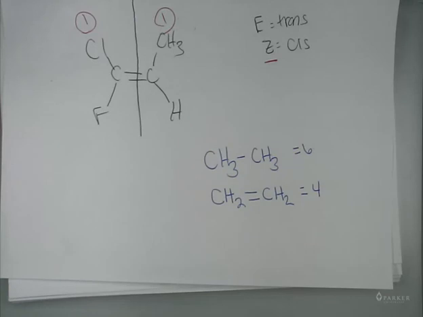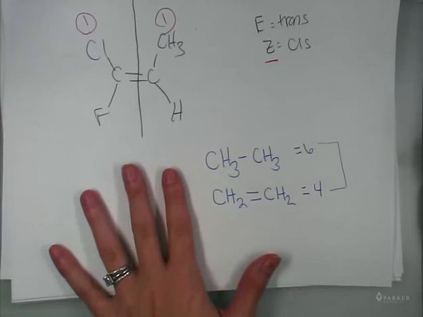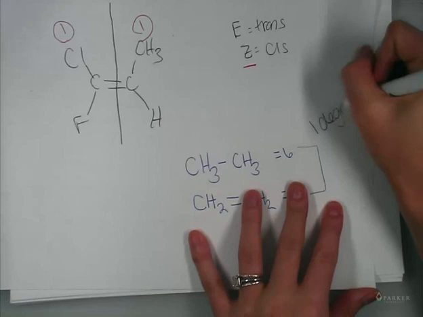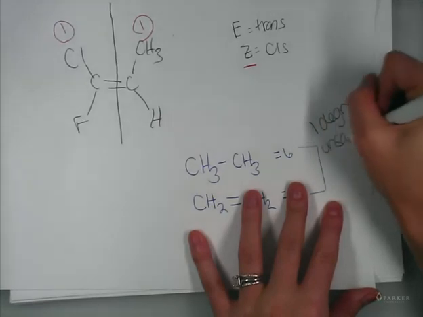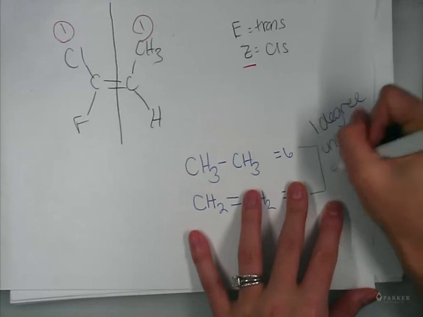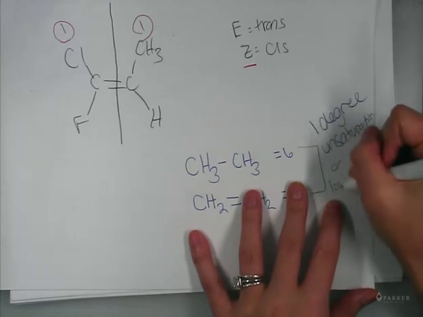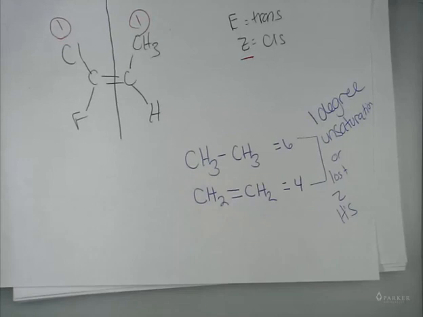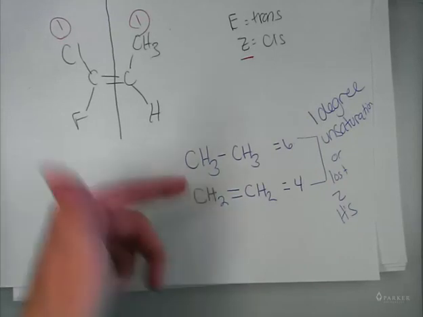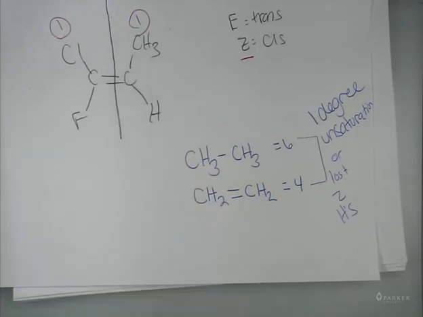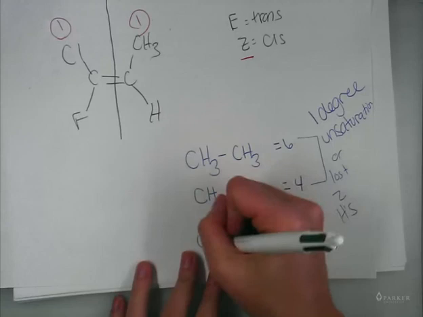And anytime you lose 2 hydrogens, so you see between here and here we lost 2, we call that 1 degree of unsaturation. Or, if you want to say, you lost 2 hydrogens. So how many degrees of unsaturation right here between the two? 1. Now let's look at a triple bond.